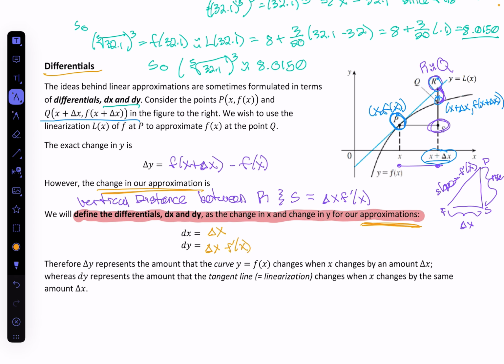So delta y represents the exact change in y. This represents the amount that the curve y equals f of x changes when x changes by a small amount, delta x. Whereas dy, this is our differential, represents the amount that the tangent line, or the linearization, changes when x changes by the same amount.